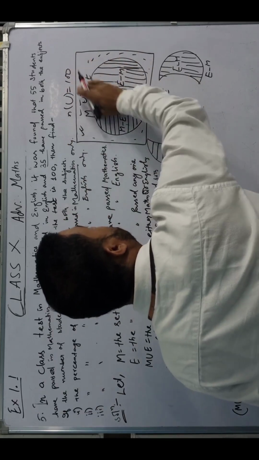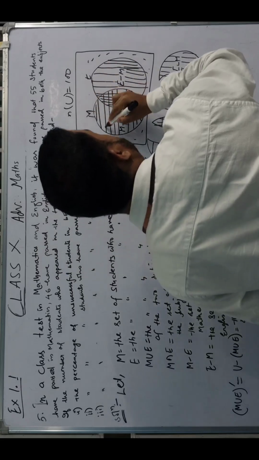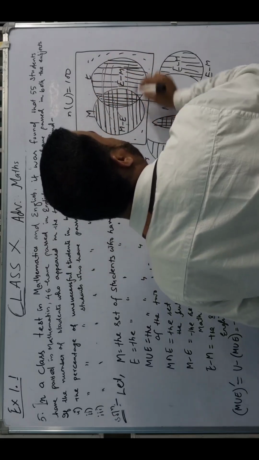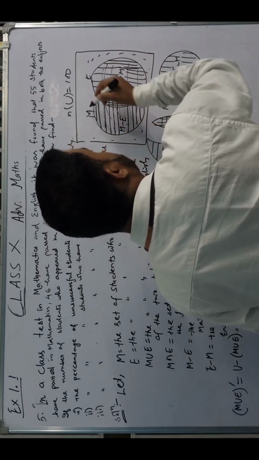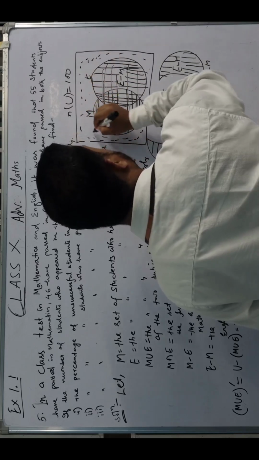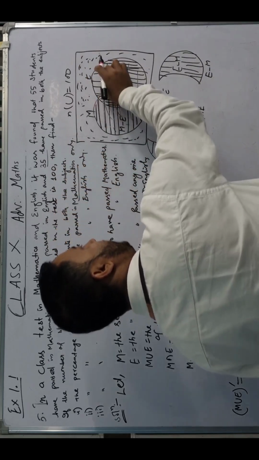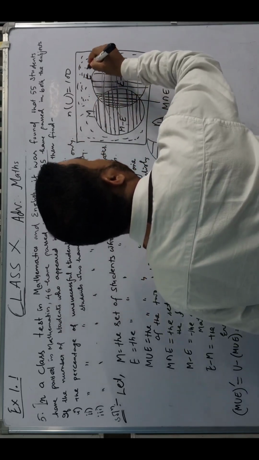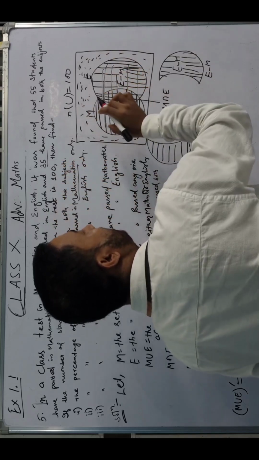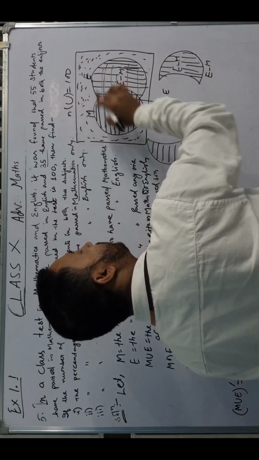Now, out of this U, this whole set, this part is M union E. What is this dotted part? This dotted part belongs to the set U, but it is not in the set M and E. It is not a part of these two sets. So this is the set of students who could not clear any of the two subjects.